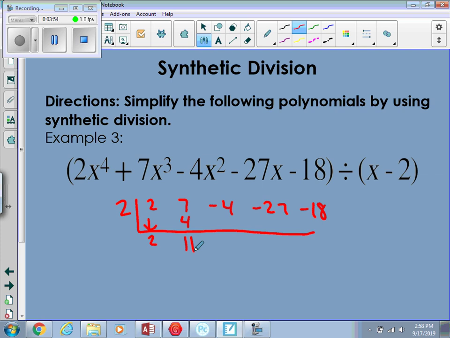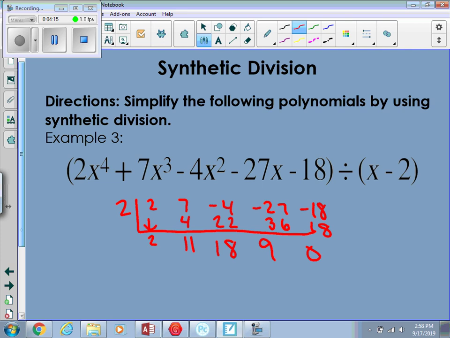2 times 11 is 22. 22 plus a negative 4 is 18. 2 times 18 is 36. 36 minus 27 is 9, and 2 times 9 gives us 18, so we get a 0 there.